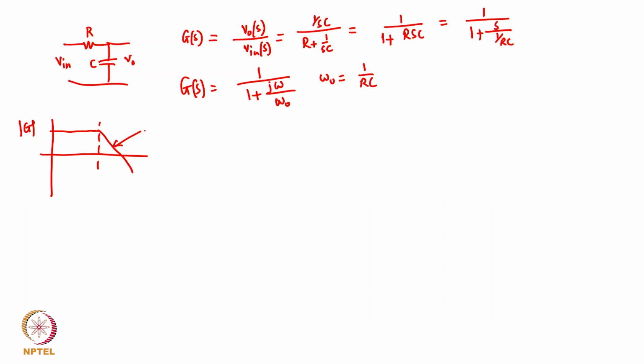Here you will have a minus 20 dB per decade slope, and this is omega 0, and this gain here will be 1, so this will be equal to 0 dB. I have started a little bit higher from the x-axis line.